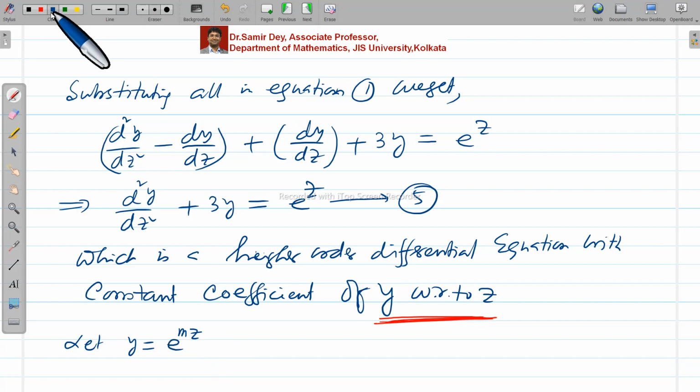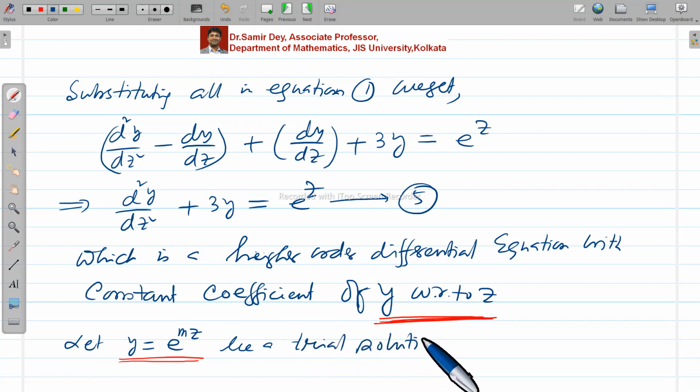Very, very important information. Please mark it in a different color. This is the most important part. So please write down, let y is equal to e to the power mz be a trial solution of the reduced equation.